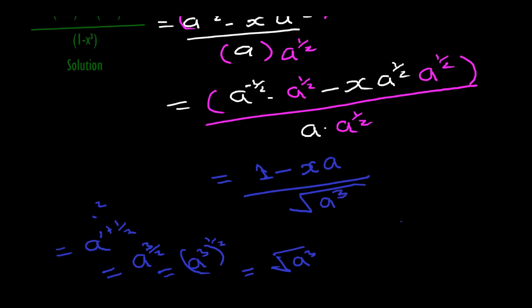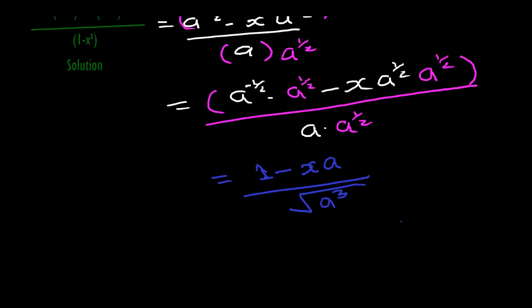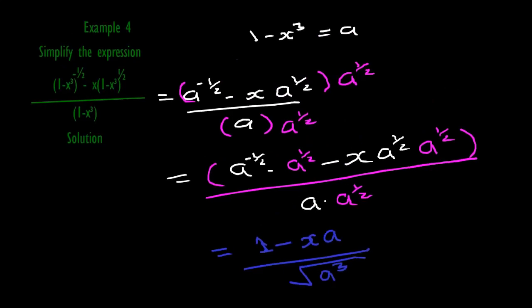After substituting that, we can now substitute back our value of a. Remember, a was 1 minus x cubed. So where we have a, we will put the value of a, which is 1 minus x cubed. We substitute back the original value in the expression.